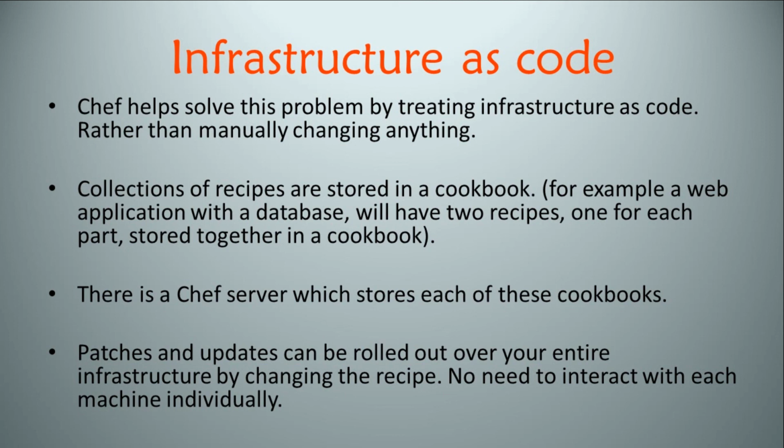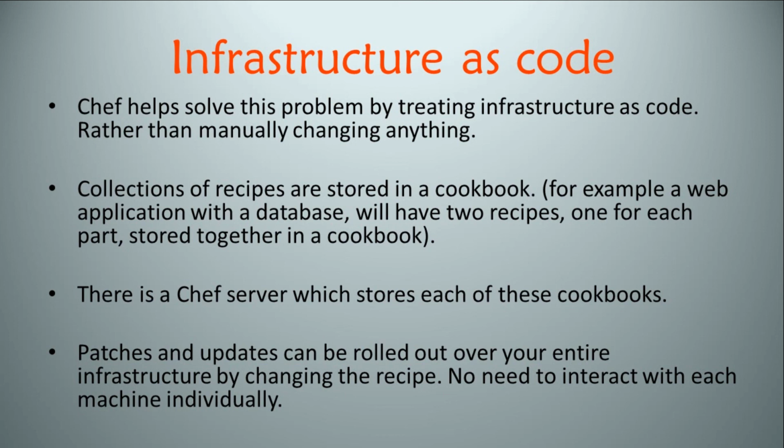Chef is an automation platform that configures and manages your infrastructure, whether it is on premises or in the cloud. You can deploy the infrastructure type that makes the most sense for your business. You can use Chef to speed up application deployment, even creating a continual deployment pipeline.